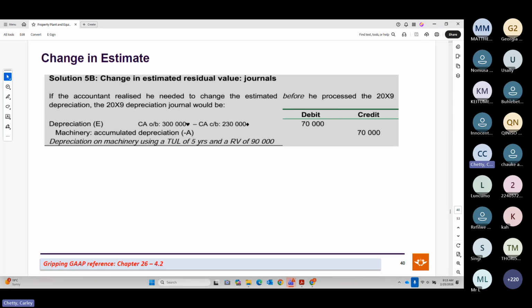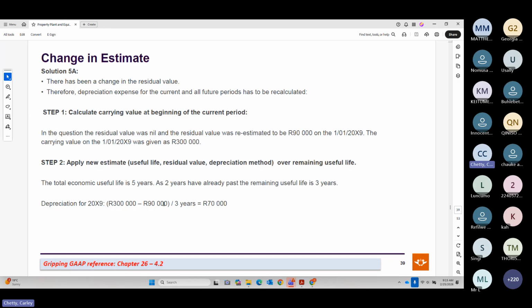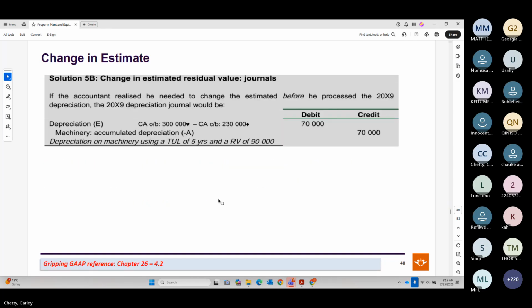So this is showing the depreciation in the current year based on the new estimated residual value. The accountant knew that the residual value was changing, so this is the only journal he processed, okay, which is correct.